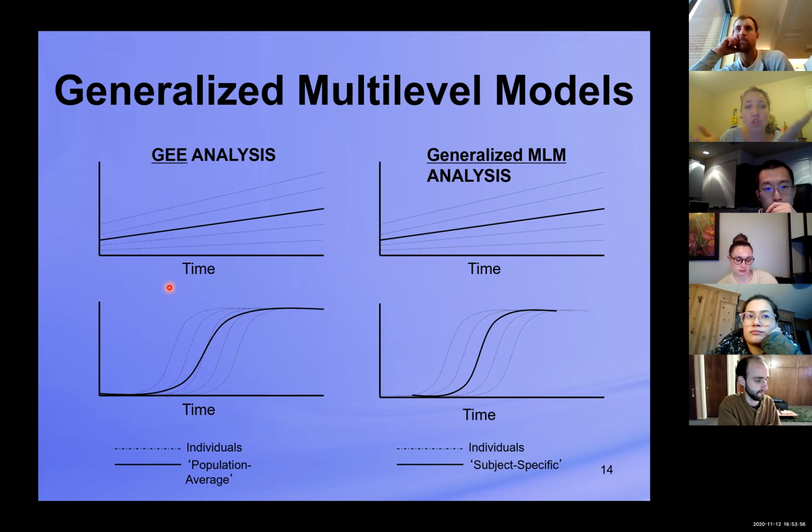But your choice of which should depend on how you want to interpret your results. Do you want to interpret it based on how a given subject will behave, or how the average of all subjects behave?